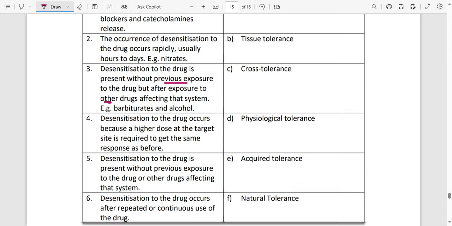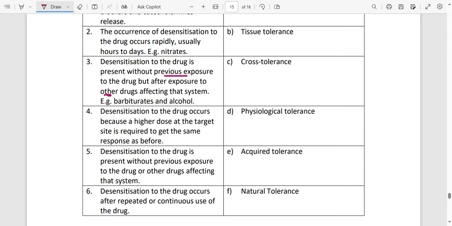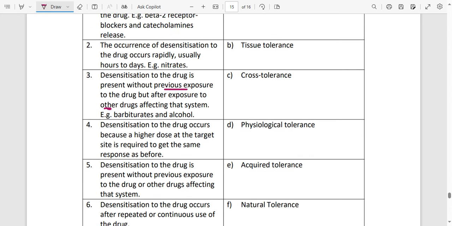And then number four, desensitization to the drug occurs because a higher dose at the target site is required to get the same response as before. That is known as tissue tolerance.